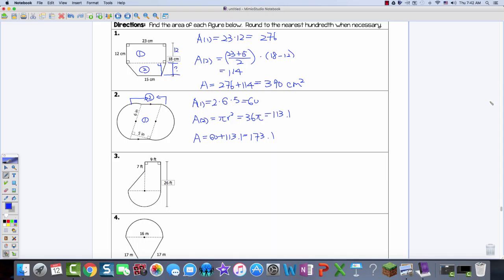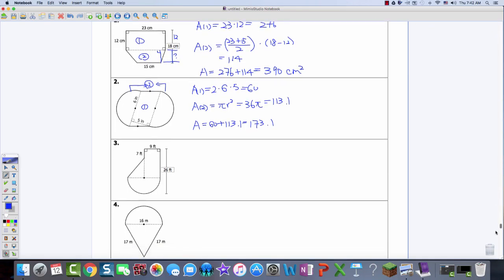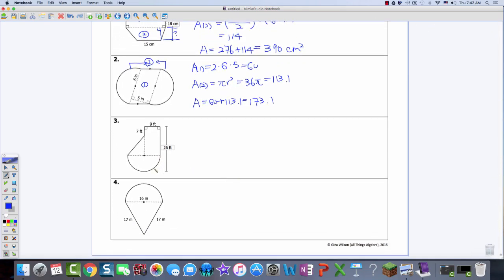Okay, let's look at number 3. Number 3 is a little tricky because it appears not all information is given. I have a rectangle, I have a triangle, I have a half circle.